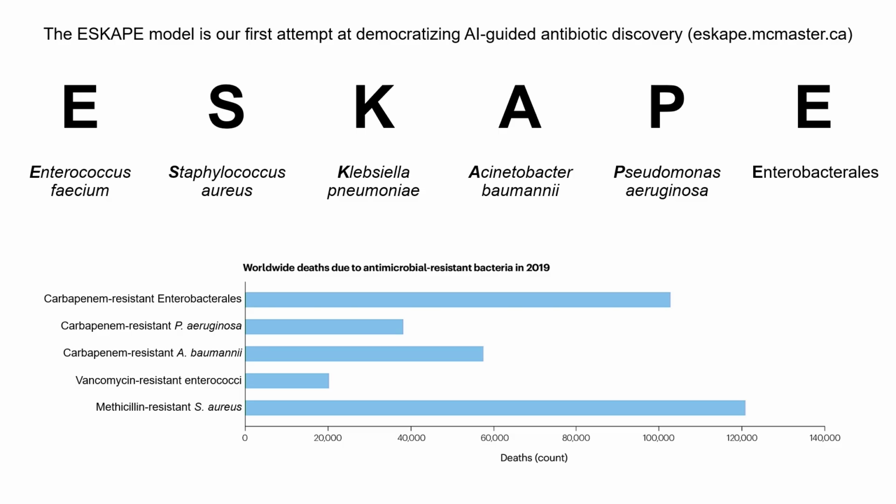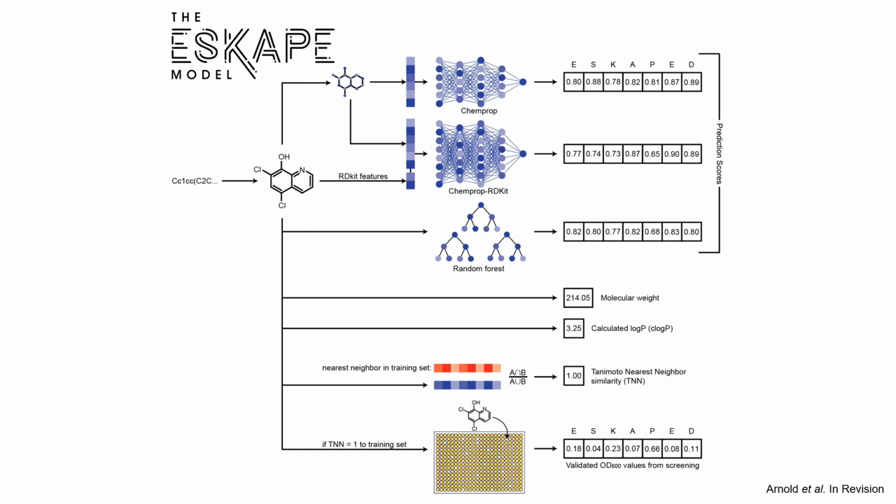What she did is gather training data against representative isolates of each of the ESCAPE pathogens, which are just bacterial species that like to kill people. And then she trained a set of molecular property prediction algorithms, largely like we just talked about, for each of these different isolates. And she made this thing called the ESCAPE model, which is a public, freely available resource.